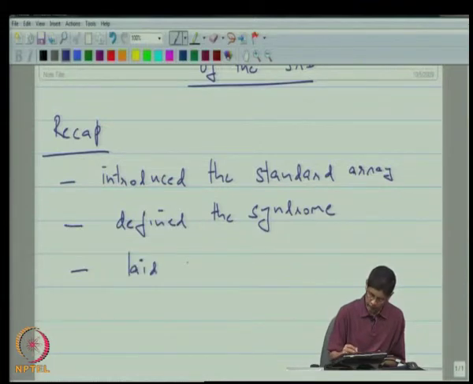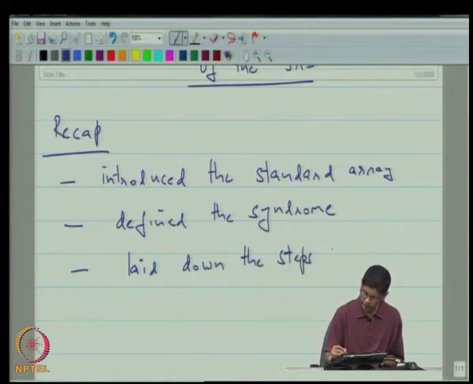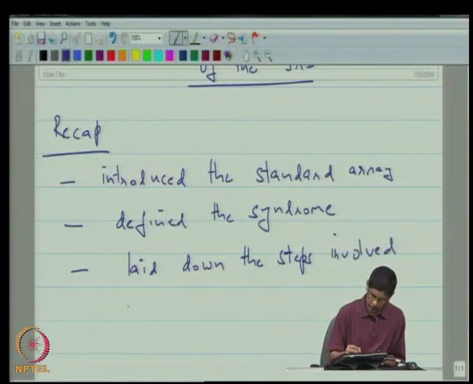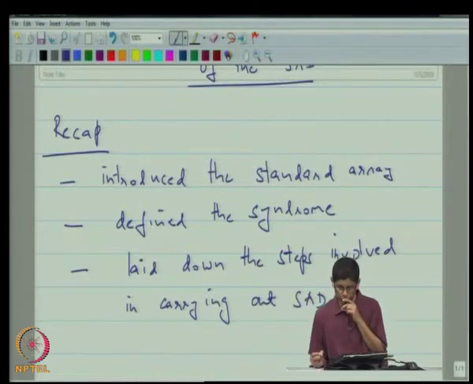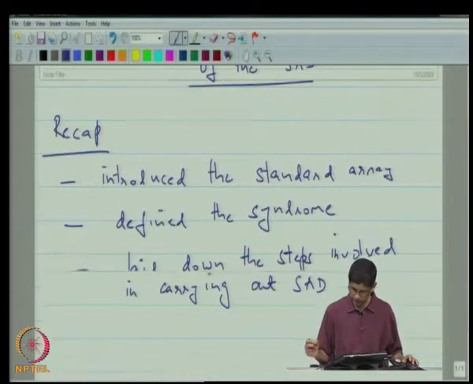So we laid down the steps involved in carrying out standard array decoding.